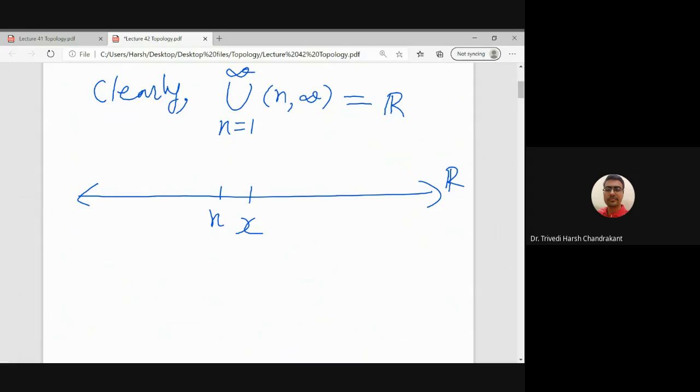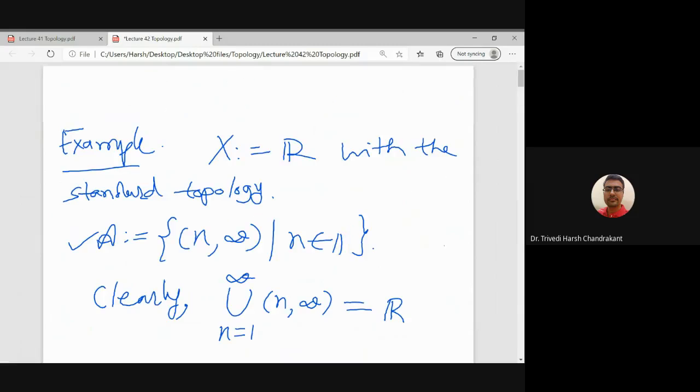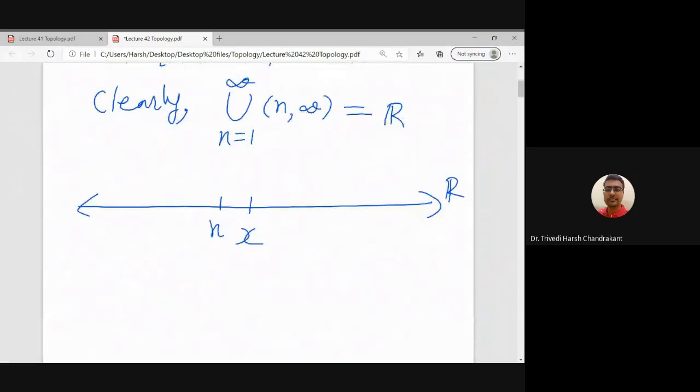In fact, I should take here Z, because there will be negative numbers also. So n belongs to Z we need to take. So now it will be from minus infinity to infinity.